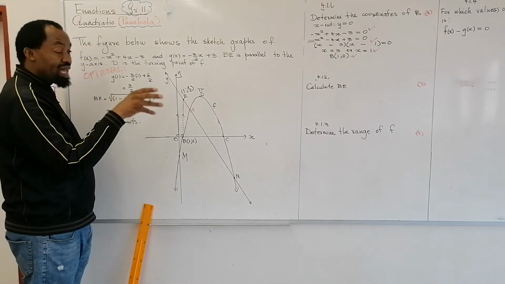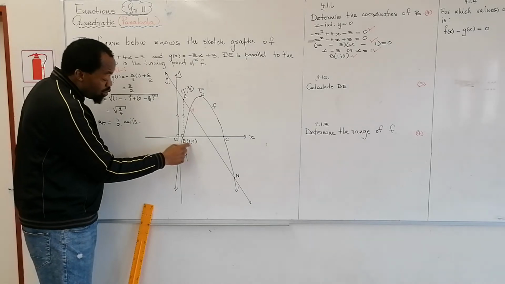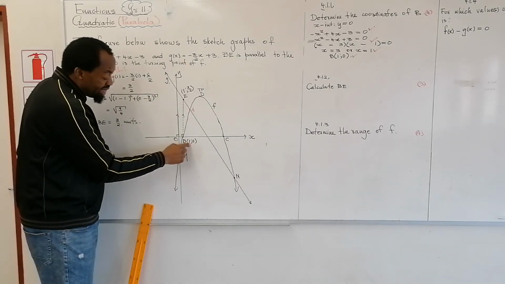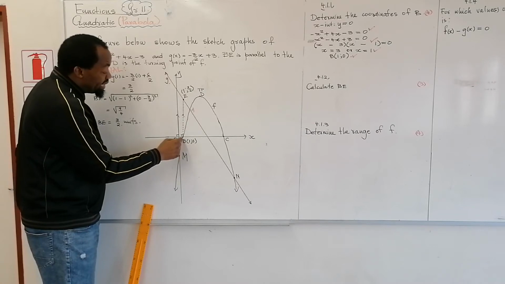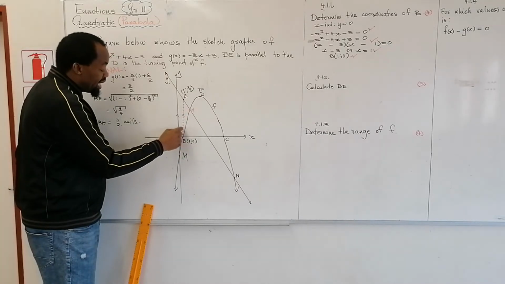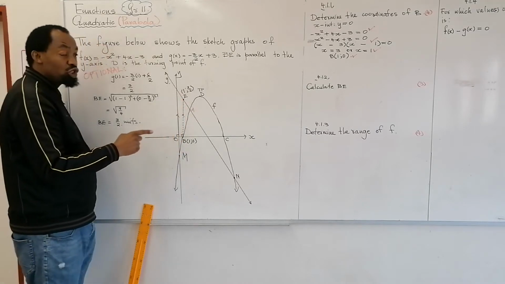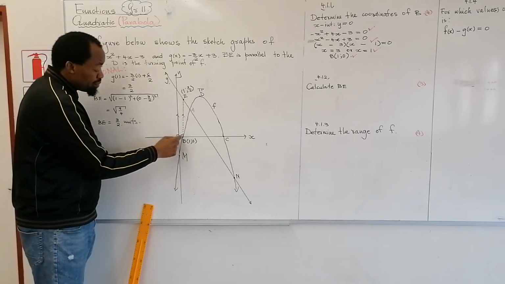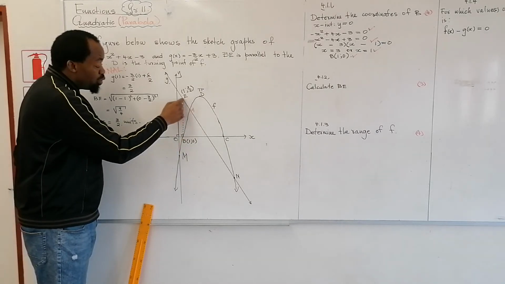Now, I'm doing the second option. Second option is I know x is 1 there. And if you say to me, determine the length of BE, you are actually saying to me, what is the height from here to there?